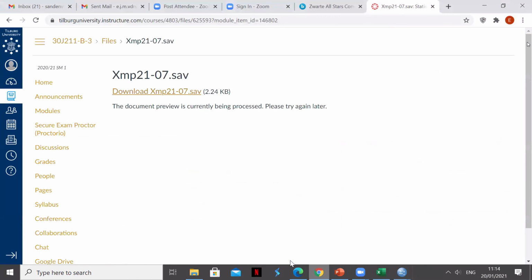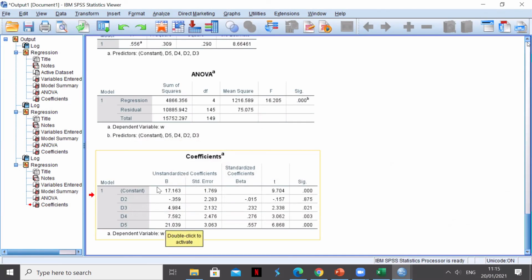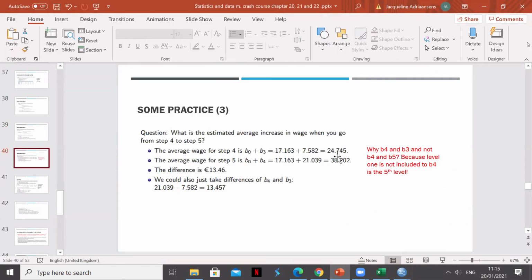You do the same for level 5. So you take your constant and you take this, and together you get this number. So the average wage for step 5 is this, and the average wage for step 4 is this. If you then want to go from step 4 to 5, what's the difference? You take this one and subtract this from it, and you get 13.46.